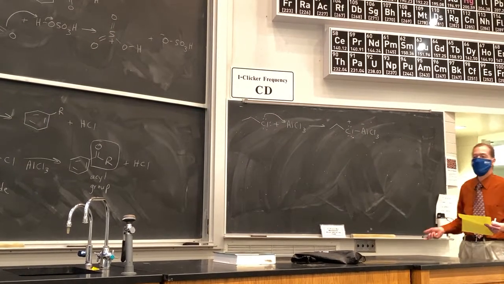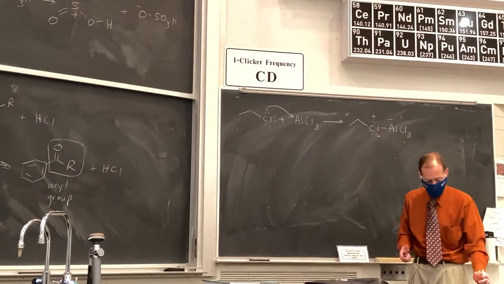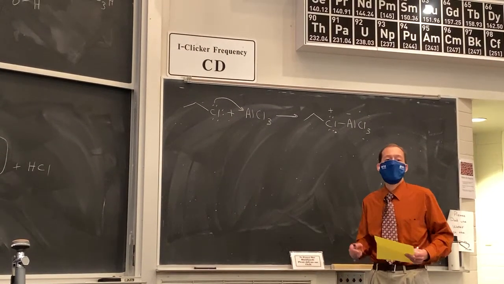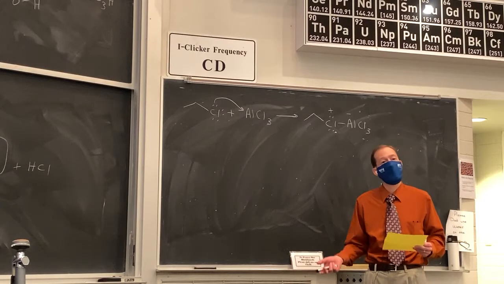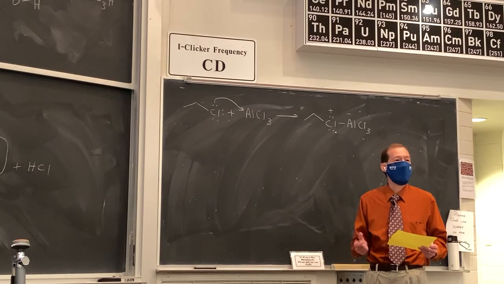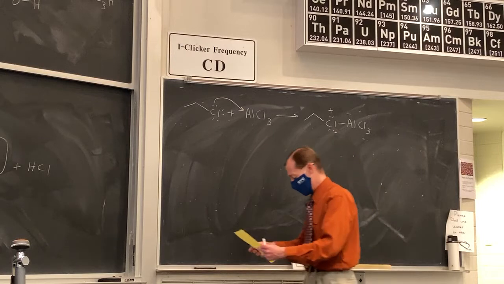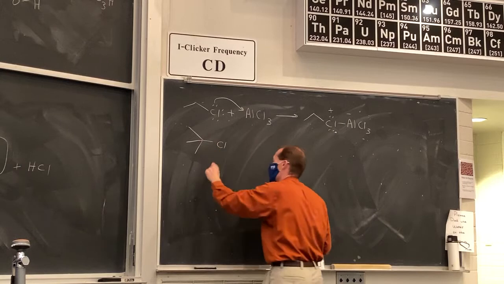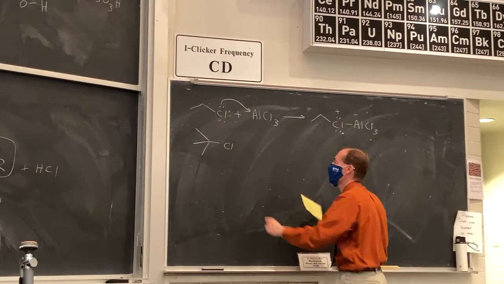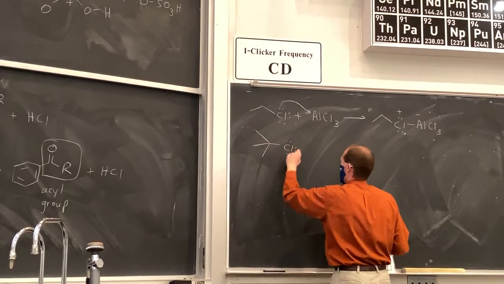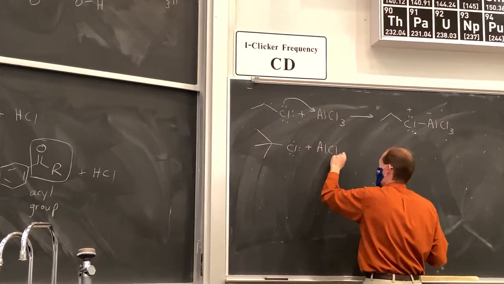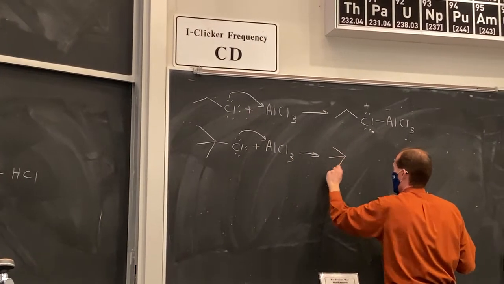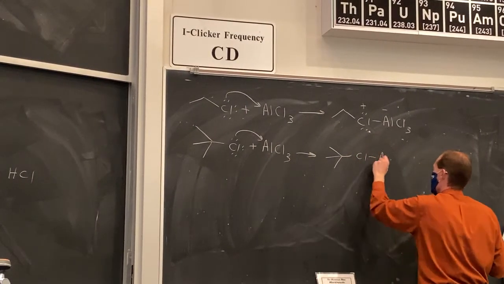That's what happens when we have a primary alkyl halide reacting with aluminum trichloride. When it is a secondary or tertiary alkyl halide, the nature of the electrophile is different. Let's use tert-butyl chloride as an example. Here's tert-butyl chloride. First step is going to be the same, generating our Lewis acid Lewis base complex.